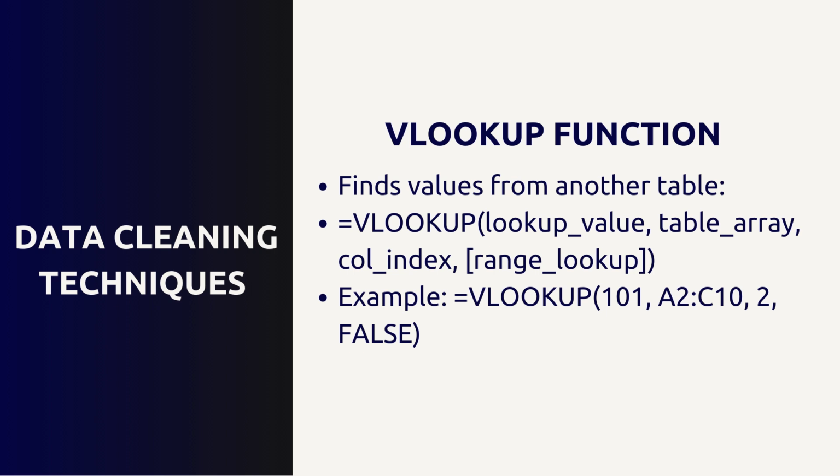Maybe I want to look for the pass mark of Moses. So I click on Moses, comma, the table where the information is found, comma, and the index number of the column. The column index could be 1, 2, 3, or 4. The index column of my table here is 2, comma, then I want approximate match. When I click OK, it automatically searches for my data in my Excel worksheet.